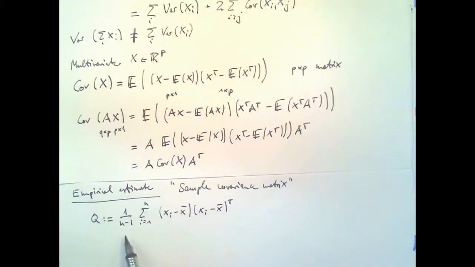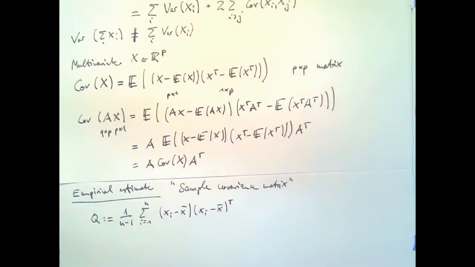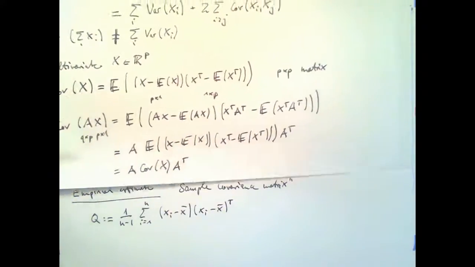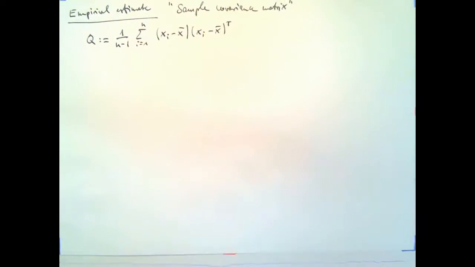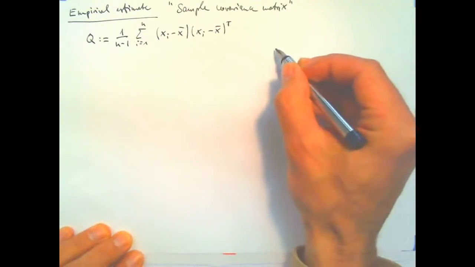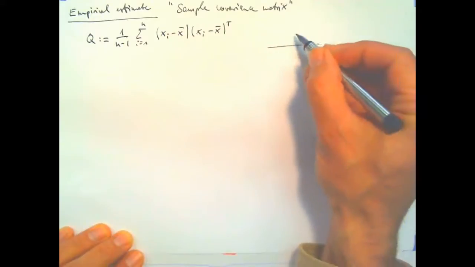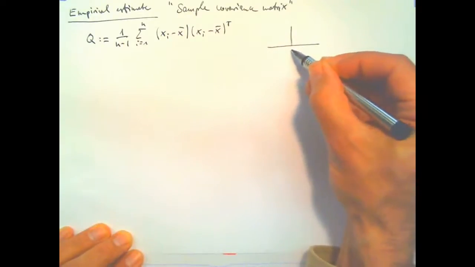Now, you are perhaps surprised by having 1 over n minus 1 as a normalization here and not 1 over n. And you've probably heard before that this has something to do with the bias. I want to give you a hand-waving argument for why you use that. So let's say that I know the true mean of my sample is 0.